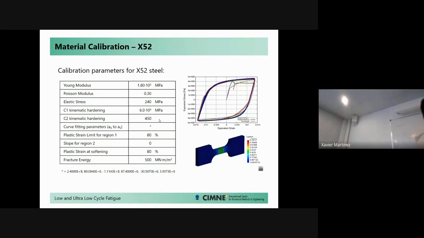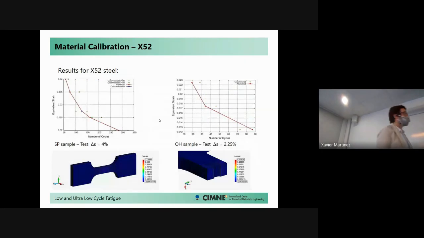With this data, we have calculated all these parameters, and knowing the ultra-low cycle fatigue failure for a given plastic strain, what we've done is we have calculated these two values here. There is the failure for a given plastic strain, this blue one here.